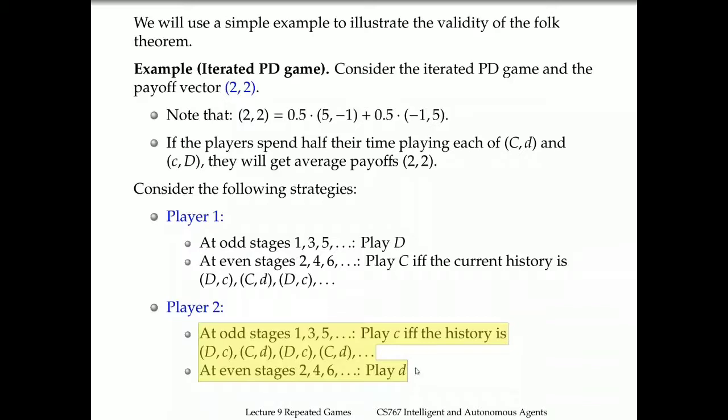This is sort of like giving rewards to the opponent, but as soon as we see that the opponent is not really cooperating with me, then I punish the opponent by switching to a bad action forever. Of course, here you can see that playing C is better than playing D for the opponent. So if the first player deviates from C to D, he is essentially acting in a way to punish the opponent.